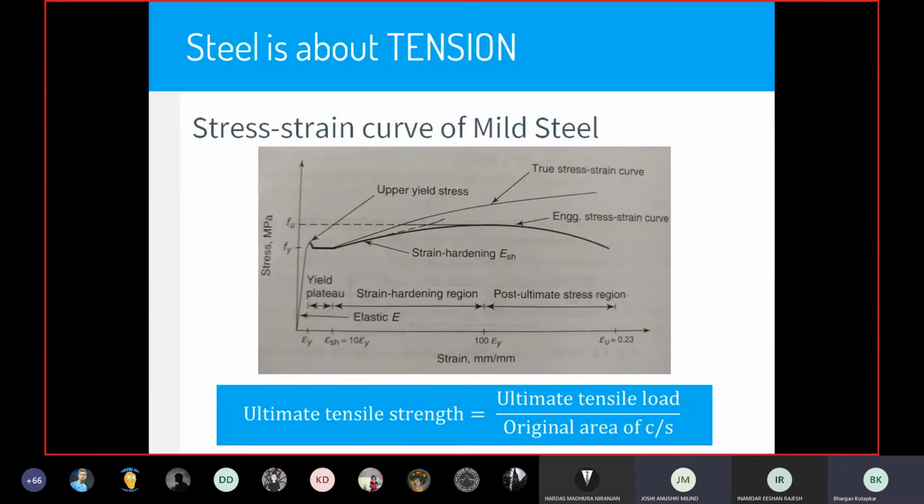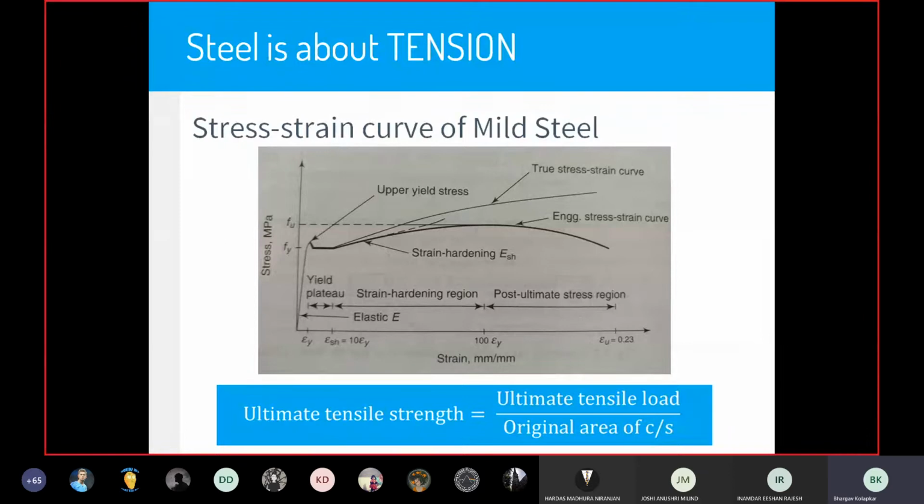But then why do we have the engineering stress strain curve? Yes. One way of looking at it is, when we place a particular member in a structure, what you are aware of is the initial cross section.